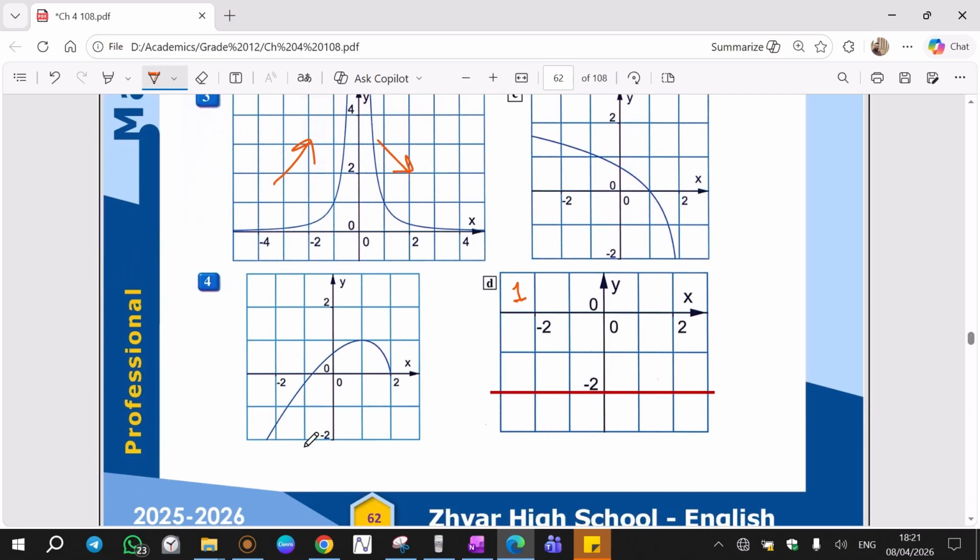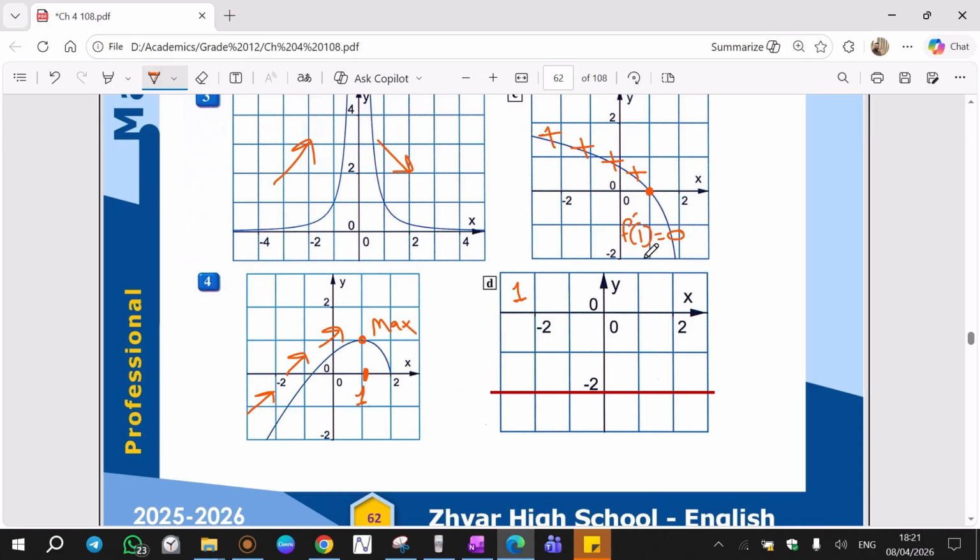Finally, number 4. Look, the graph is increasing from negative infinity all the way to 1. That means f prime is positive from negative infinity all the way to 1. At 1 there is maximum. At 1 it is x-intercept, means f prime of 1 equal to 0.